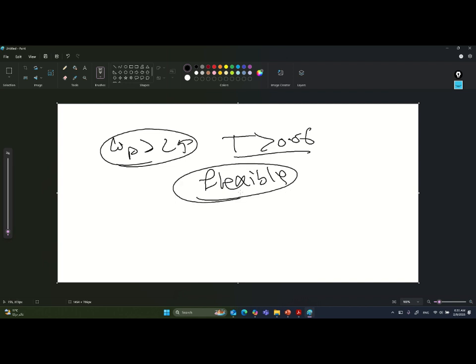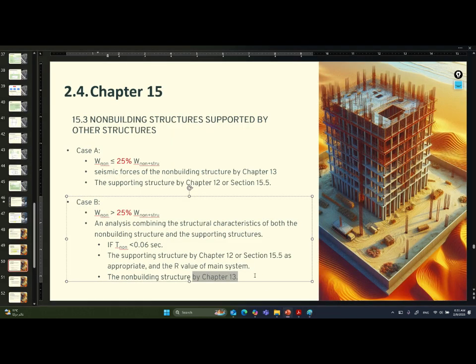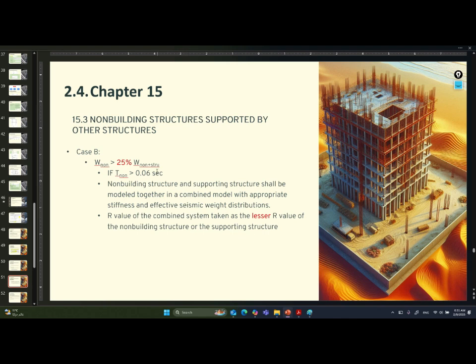In this case, you will have to do an analysis for both of them, combining the two of them, and using the least R of any of them. So if you have a T non more than 0.6 seconds, the non-building structures shall be modeled together in a combined model with appropriate stiffness.